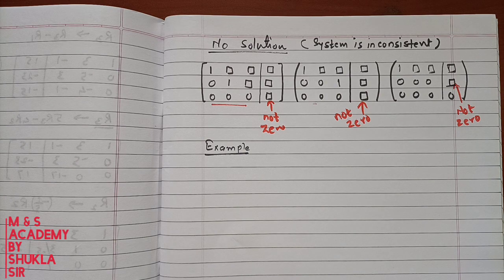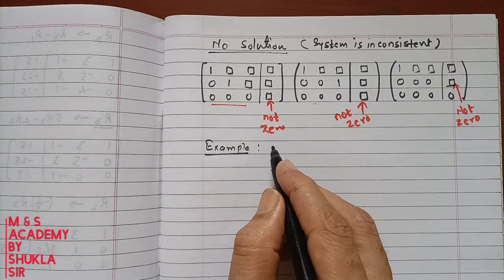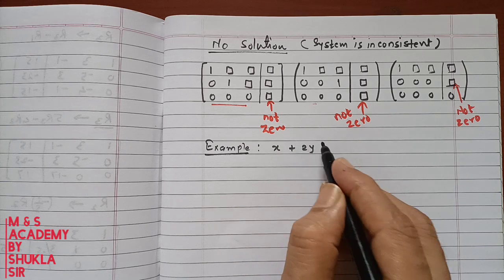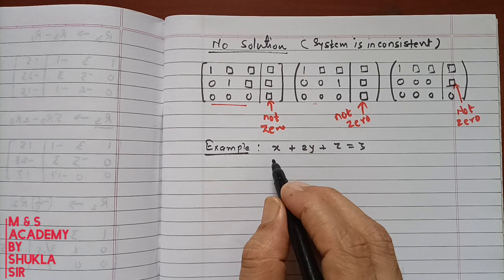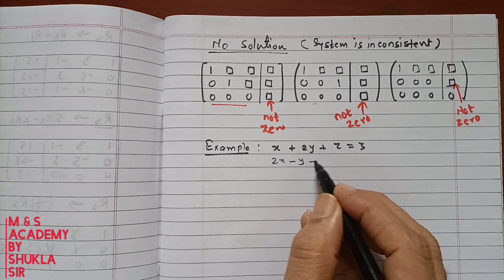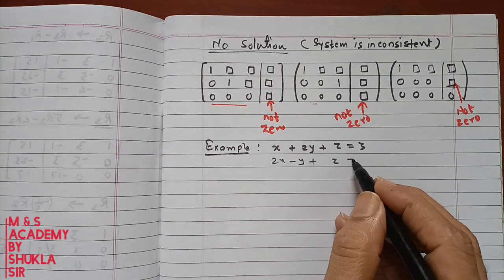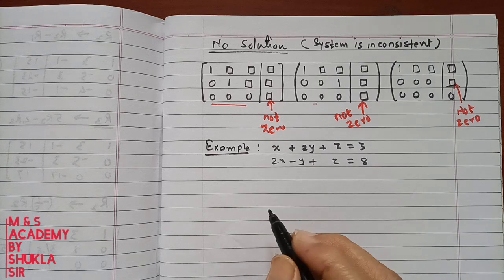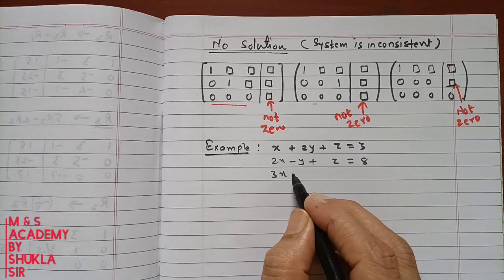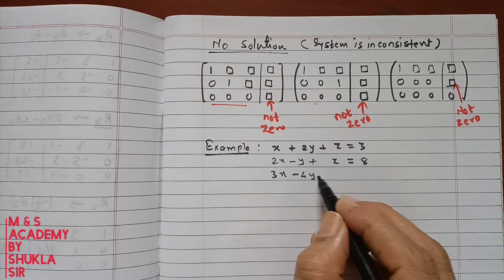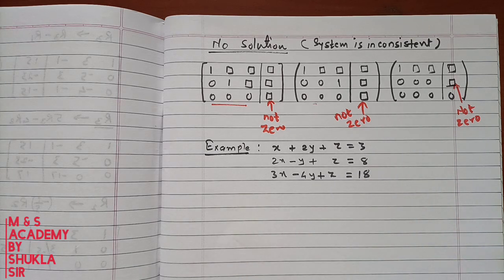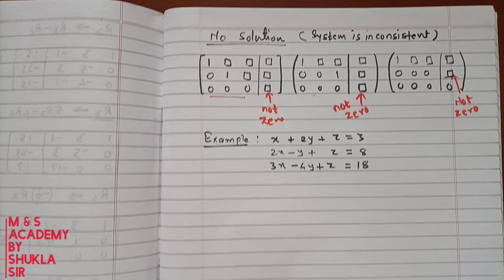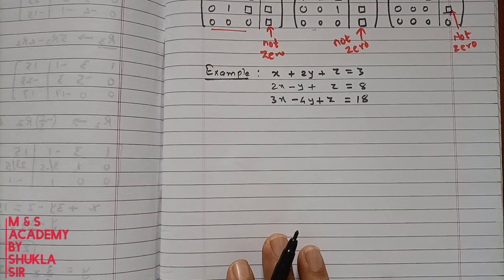Consider the linear system of equations: x plus 2y plus z is equal to 3, 2x minus y plus z is equal to 8, 3x minus 4y plus z is equal to 18. First we'll write the given system of equations as an augmented matrix.